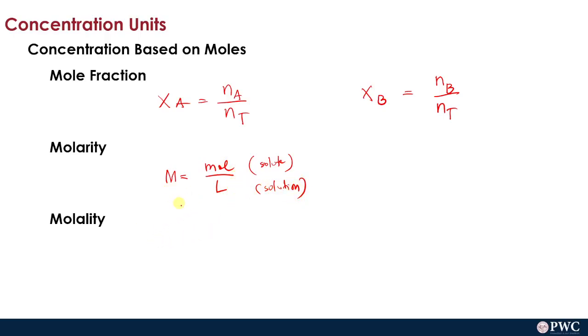Then the molality is equal to the number of moles of the solute over the mass of the solvent in kilograms. Again, that's the number of moles of the solute and then the mass of the solvent. Okay, it's not the solution. So these are the concentration units based on the number of moles.